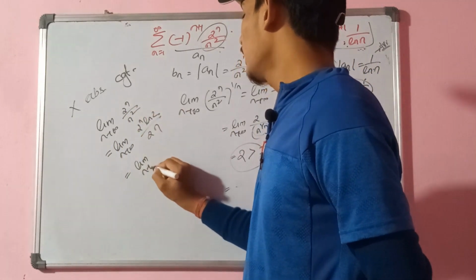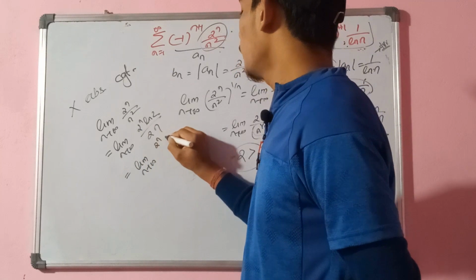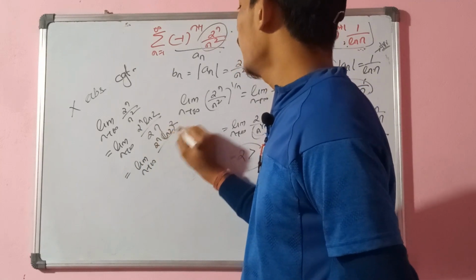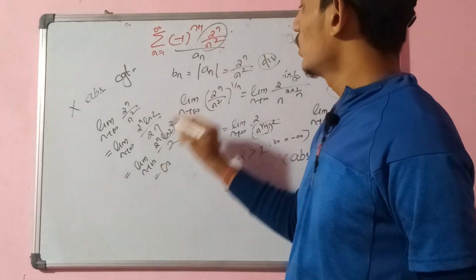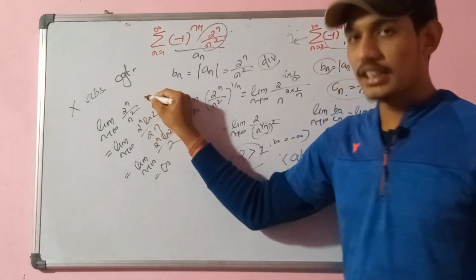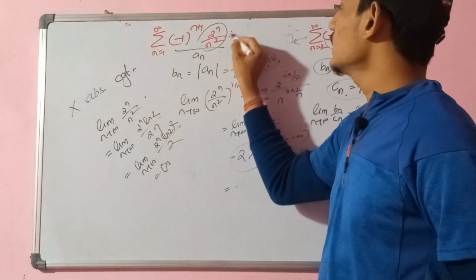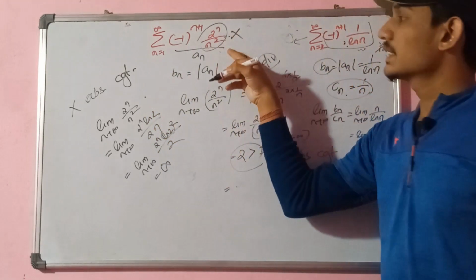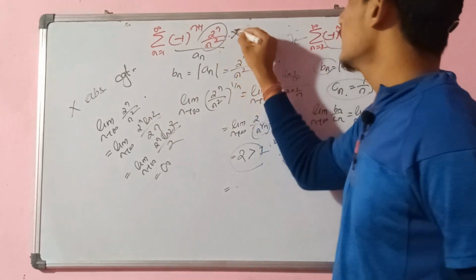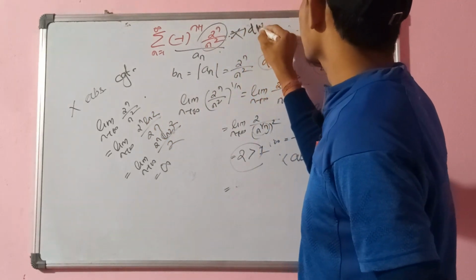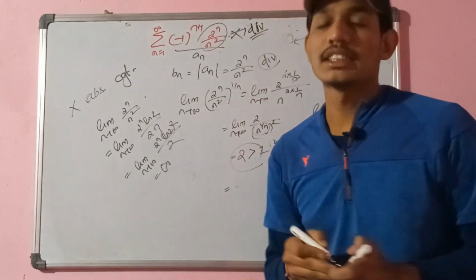Differentiate: limit n tends to infinity 2 to the power n (ln 2) whole square divided by 2. If you put infinity, you are getting infinity. So it is not satisfying the second condition of the Leibniz test. So this series is also not convergent. So it is neither absolutely convergent nor conditionally convergent. This series is divergent.